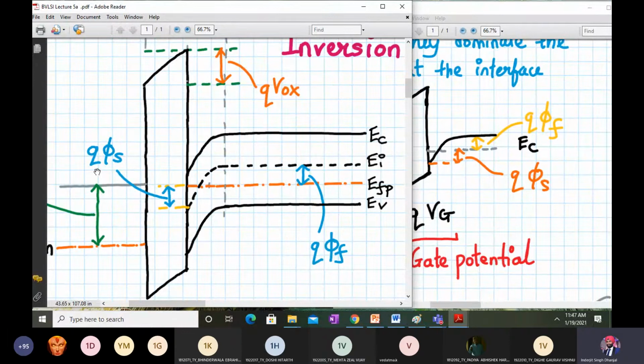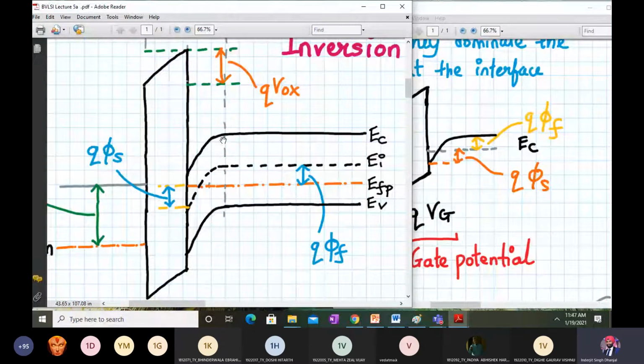Now it is the surface Fermi potential for the N-type layer. So the total amount of bending will be q into phi F plus q into phi S. So the total bending is the addition of both. Okay, so that's what we are trying to say over here.